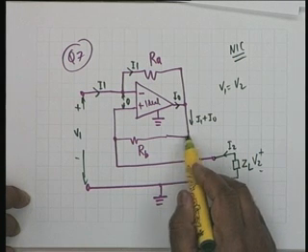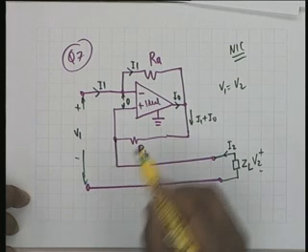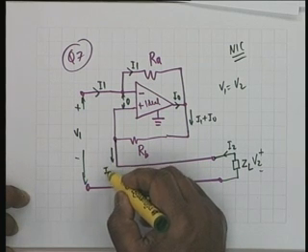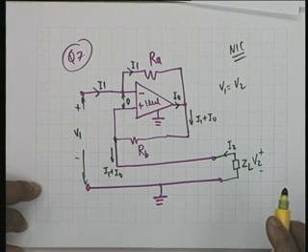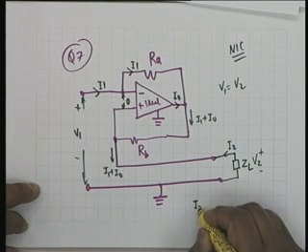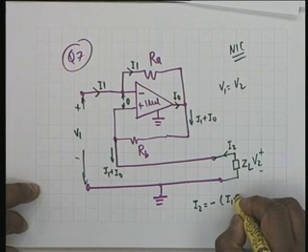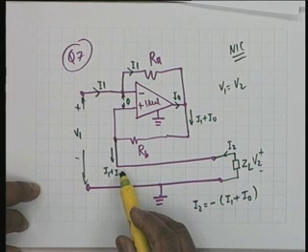After coming here, nothing can go to the op-amp and therefore this must be equal to I1 plus I0. So there are 2 things that are obvious: I2 should be equal to minus (I1 plus I0), this current and this current.